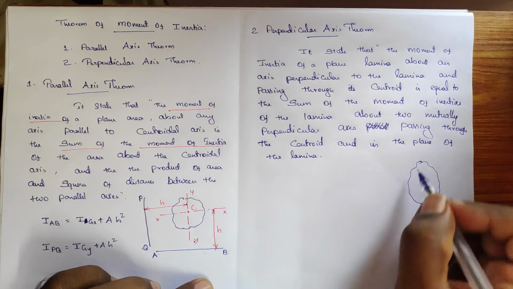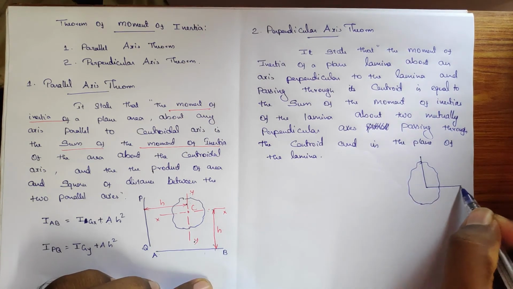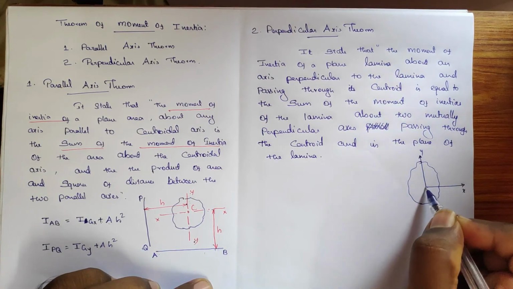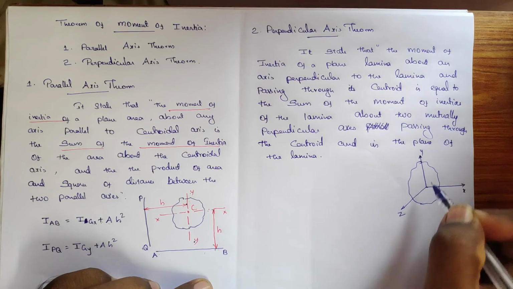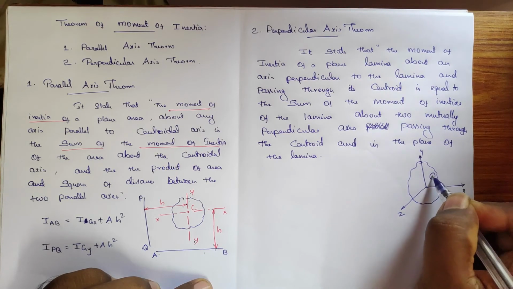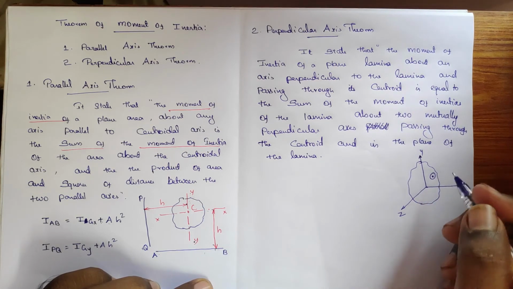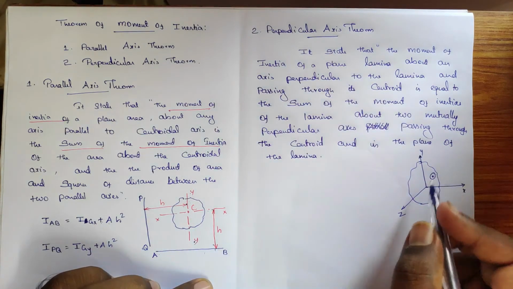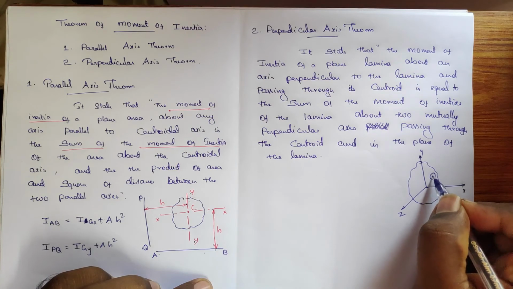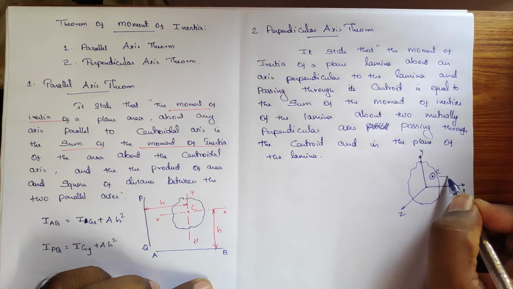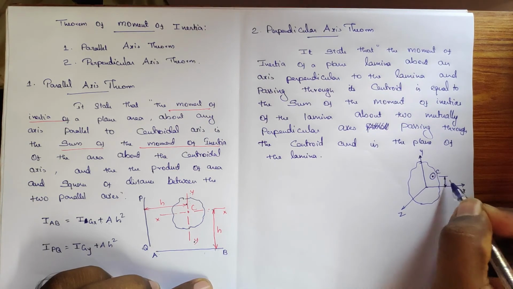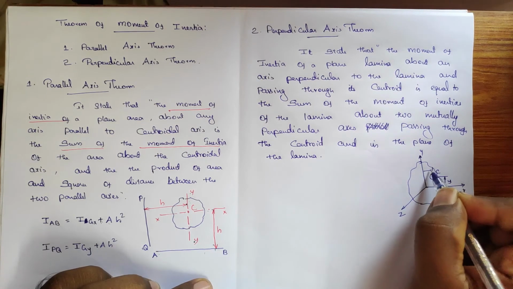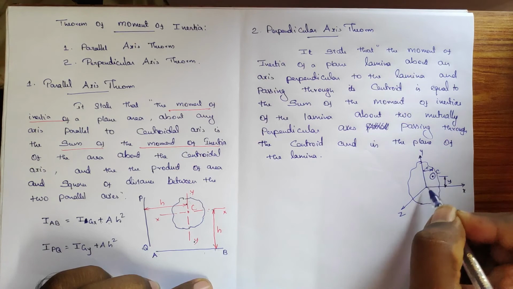I am going to show the three axes, x, y, and this is the z. Here I consider this is the exact spot we are going to study, and this is the point which is the centroid, so I can say this is the distance y and this is the distance x from O.